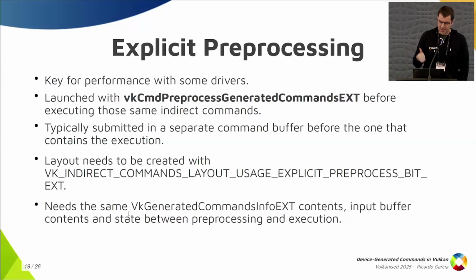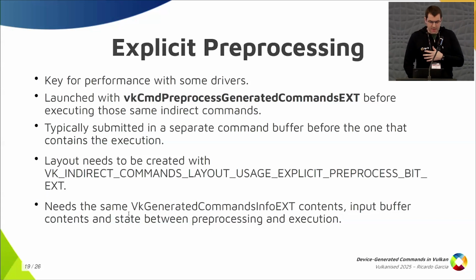This is designed so that if you want to do explicit preprocessing, you probably want to use a separate command buffer for preprocessing, and you want to batch preprocessing calls together and submit them all together to keep the GPU busy and to give you the performance that you want. So you submit the preprocessing steps all together first, while you still prepare the rest of the command buffers and you enqueue the next batch of work. That's the key to use preprocessing optimally.